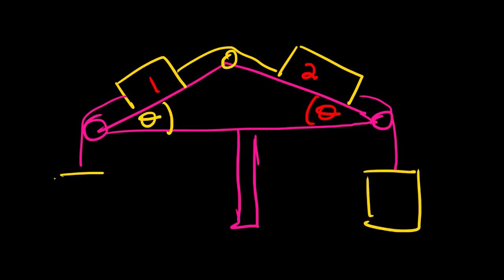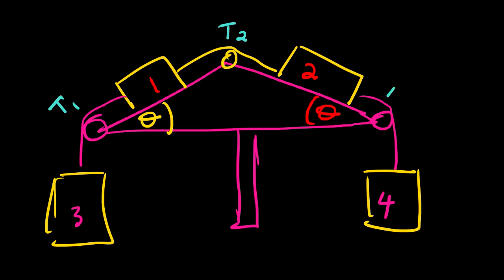Let us put another ones here. So it's 1, 2, 3, 4. So in this case, we have T1, T2, and T3. I just want to show you that once you understand the concept of these, it's very much simple to generate any equation for any situation.